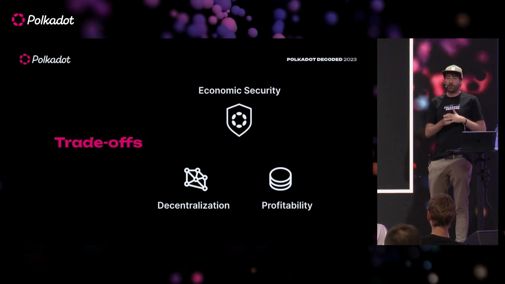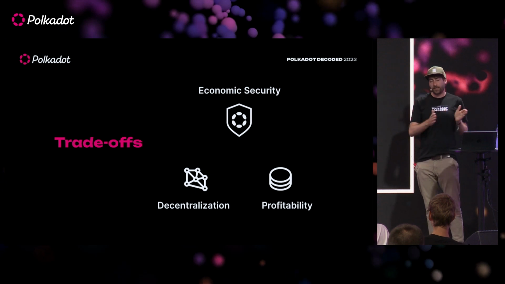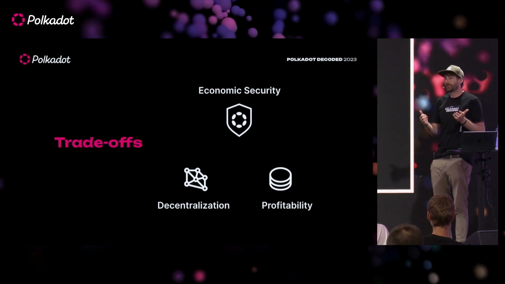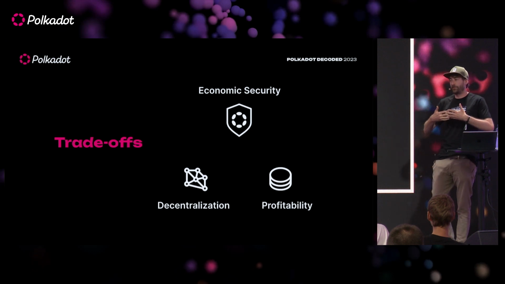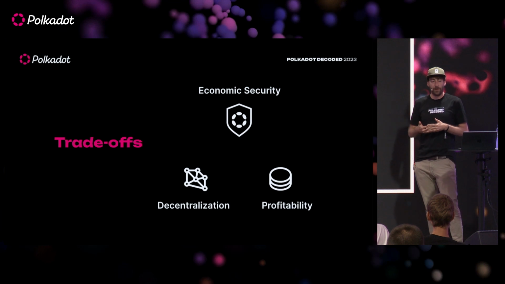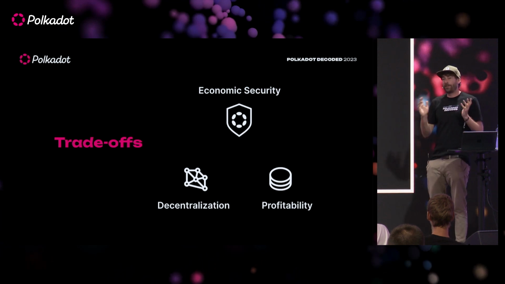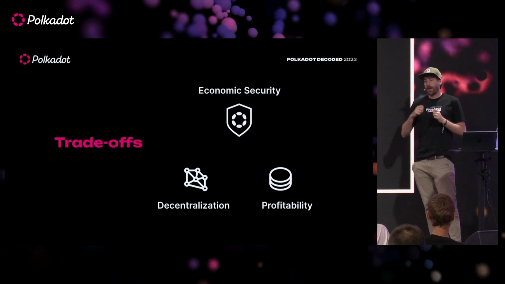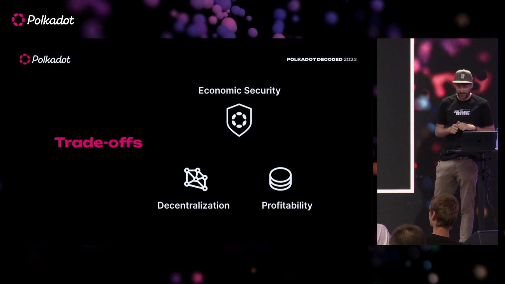Some operators have many different nodes. For some people, this is a positive signal where they say, OK, they are quite invested, they have a very professional infrastructure. But other people might say, I rather want to have a more diverse set of validators, and I'm trying to minimize the amount of nodes that each of the validators has.